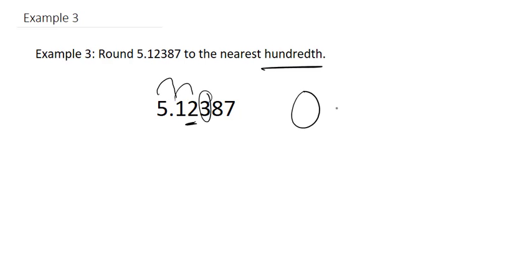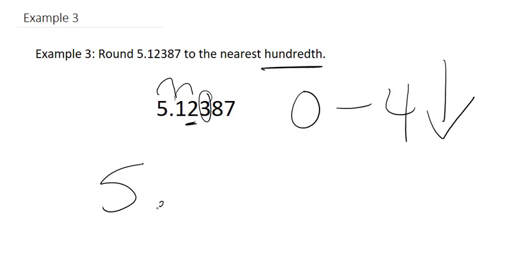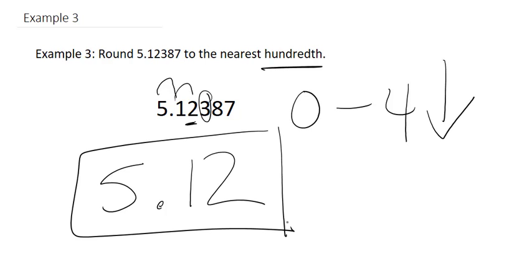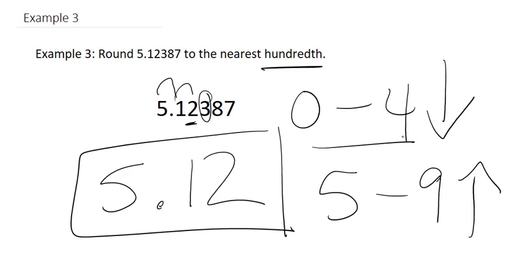As it's between 0 to 4 though, we are going to be rounding down. So our new number becomes 5.12. That is our solution. So to review, once again, we always round up if it's between 5 to 9, and then we round down if it's between 0 to 4.